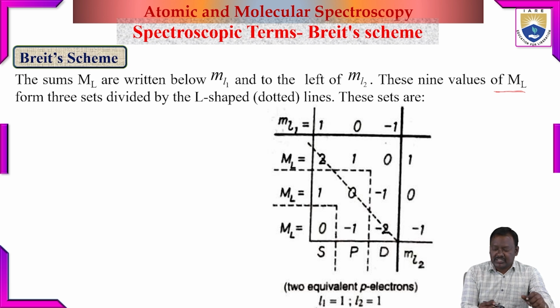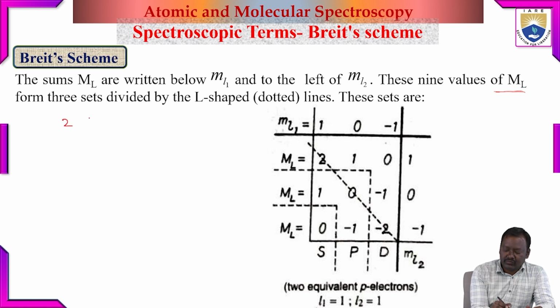So the first set is 2, 1, 0, minus 1, minus 2. This is the first set, and it indicates D term.